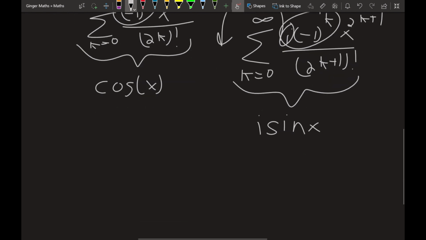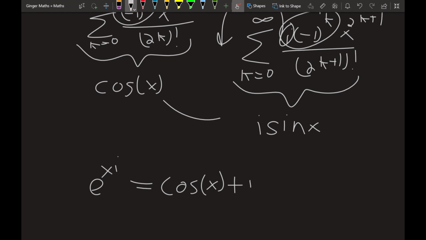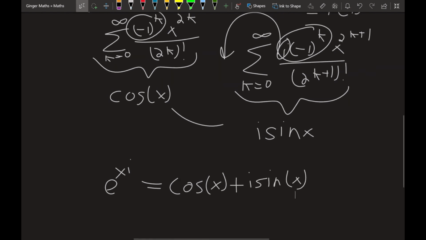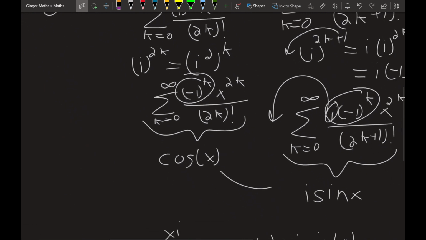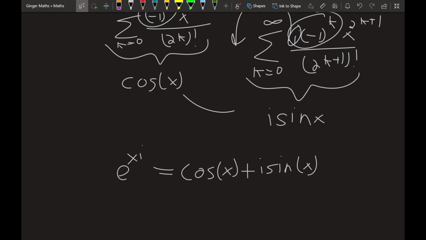Meaning that if e to the xi is just the sum of these two things, then what we're left with is e to the xi is just the cos of x plus i sine of x, which is exactly what Euler's identity is.